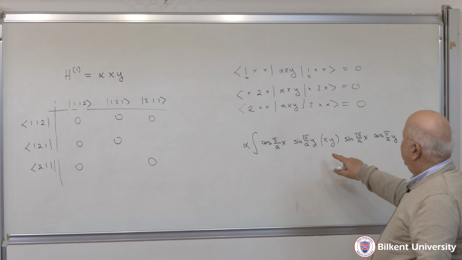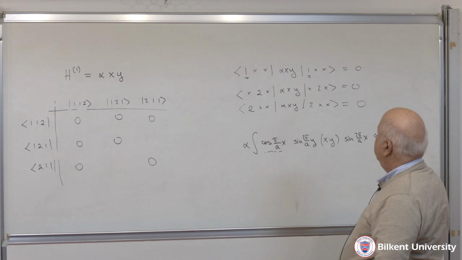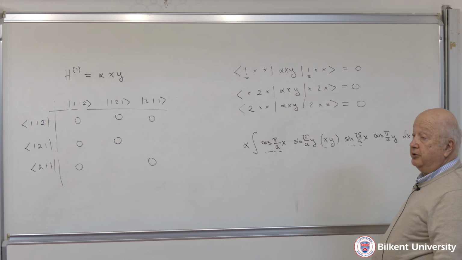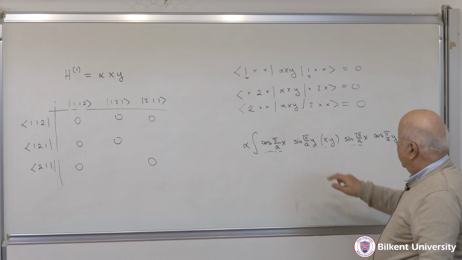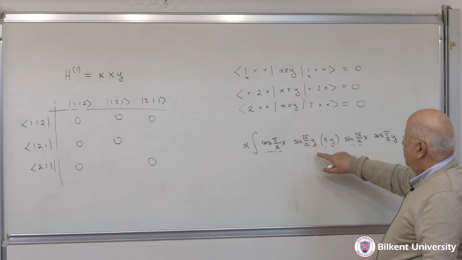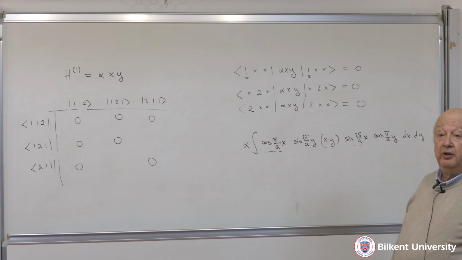If you look at the x integral, cosine is even, sine is odd, but I also have an x here, so it's going to be even times even, so it's going to be something finite. Not only that, but the y integral is exactly the same, except that cosine is on the right and sine is on the left.